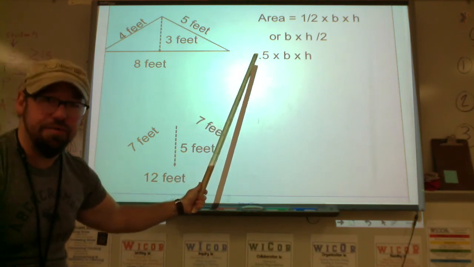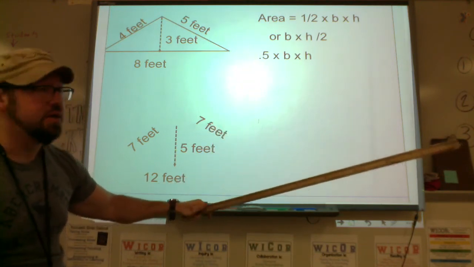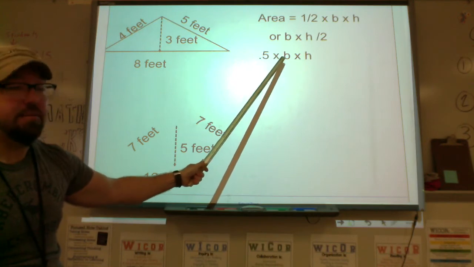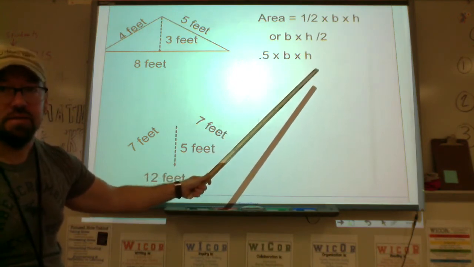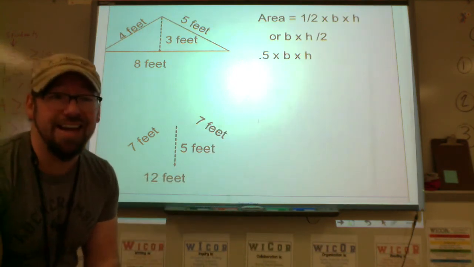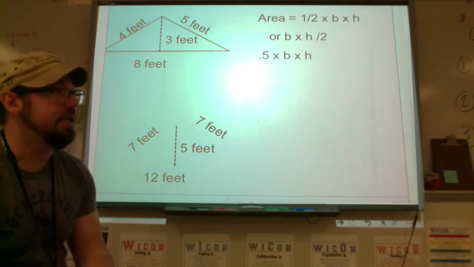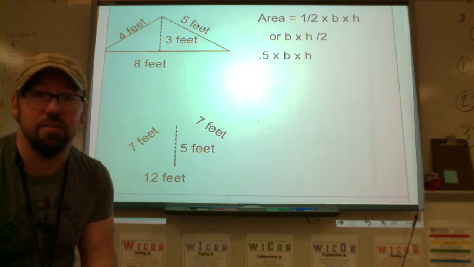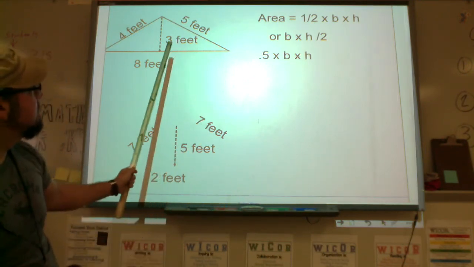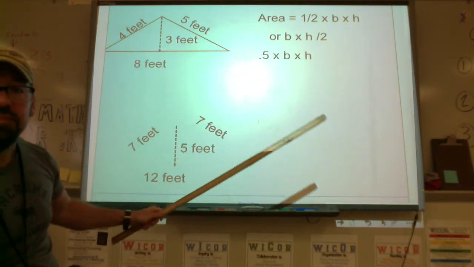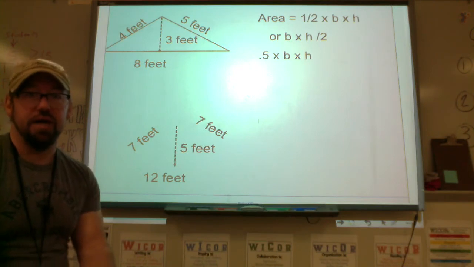Multiplying something by 0.5 is the same as dividing by 2. So you could take 0.5 times the base times the height. The most important thing with finding the area of a triangle is accurately identifying which side is the base. And again, the base is the side that is perpendicular to the height.